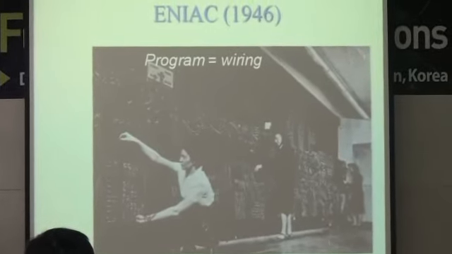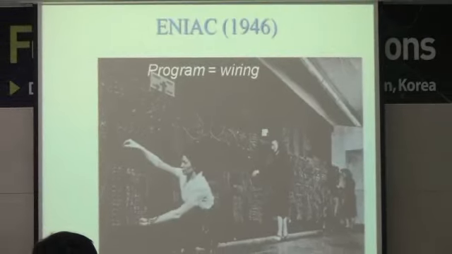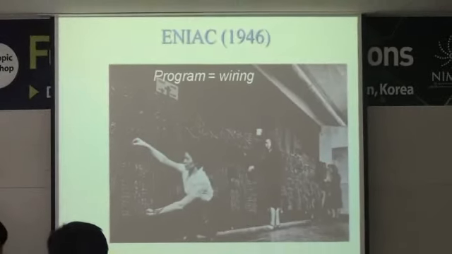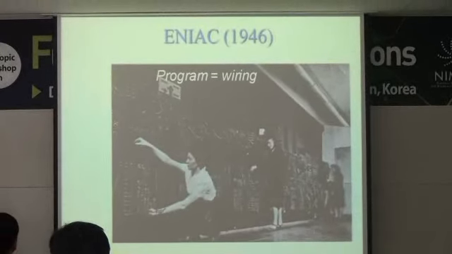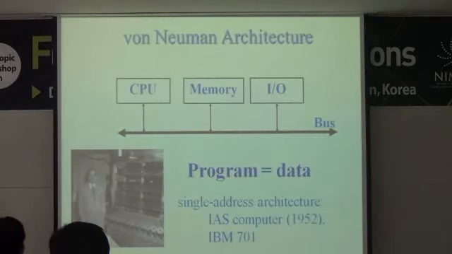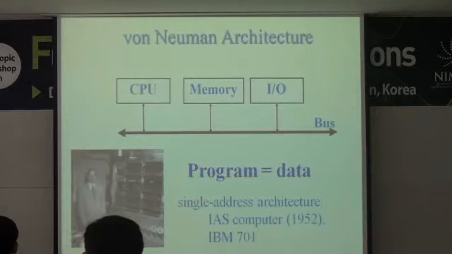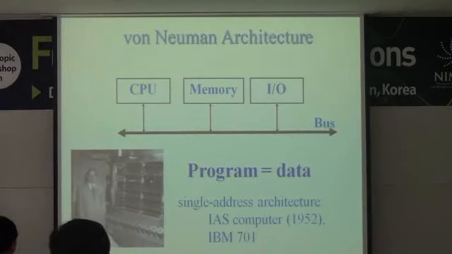These women wrote the program by putting wires from one block to another block. This is what was changed by von Neumann when he decided to put the program into memory, and in each step we take one instruction, one piece of data, we calculate that and put it back into the memory. This is the von Neumann concept of computer.